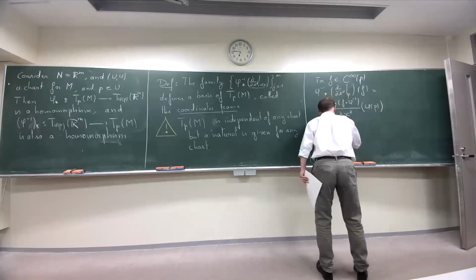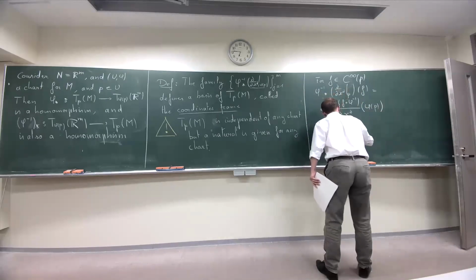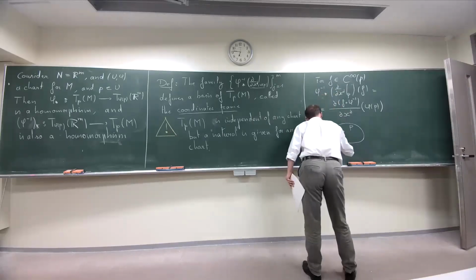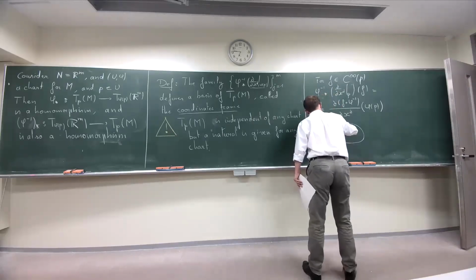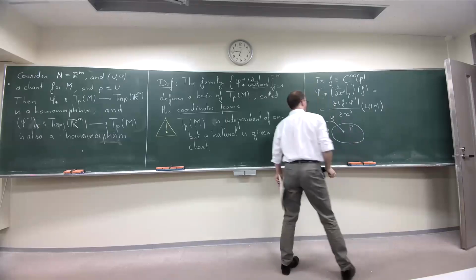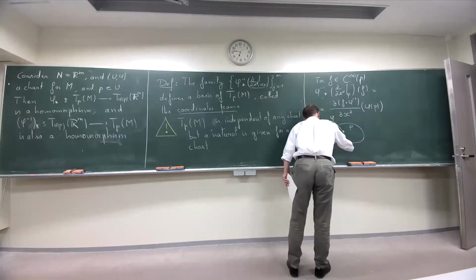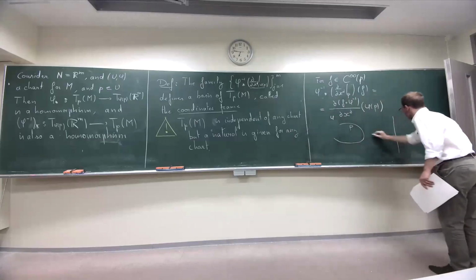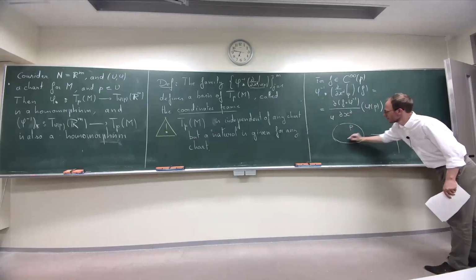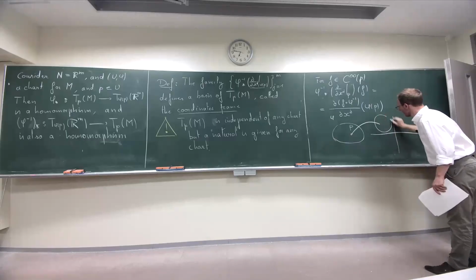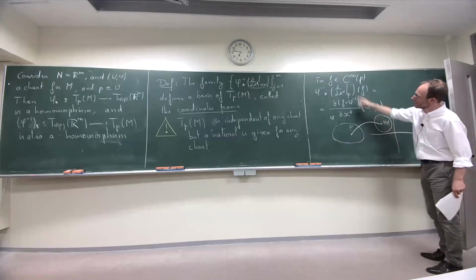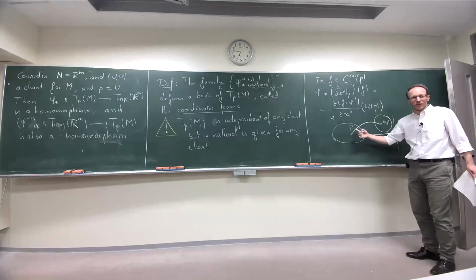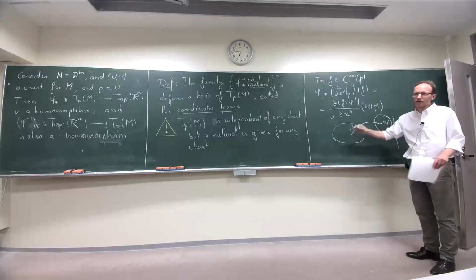I should do the picture again. The manifold, this is phi, and we have a point P which is sent to the point phi of P. A function f, it's difficult to represent a function defined on the manifold, but think about the temperature.